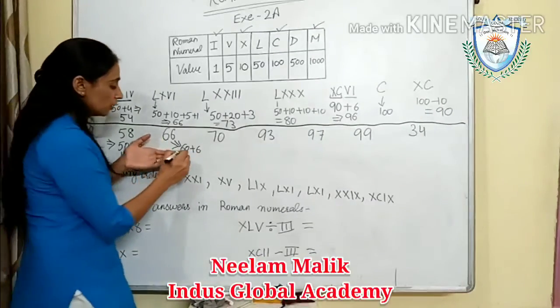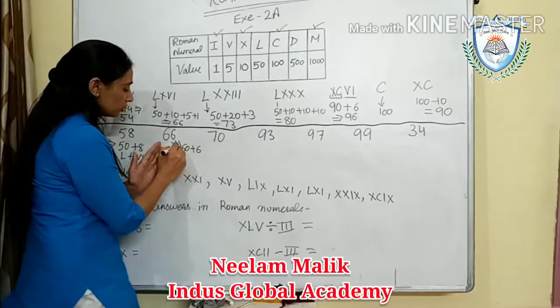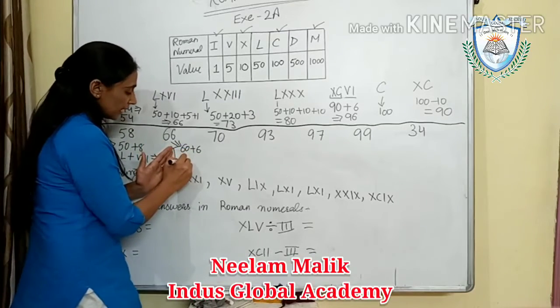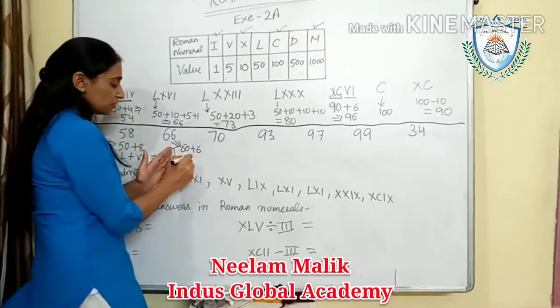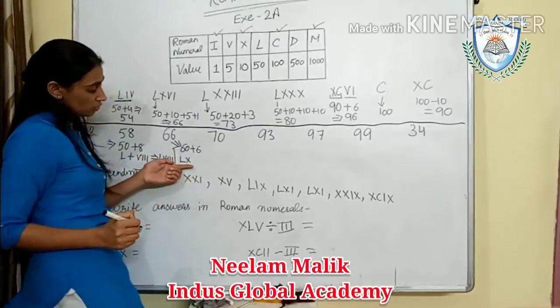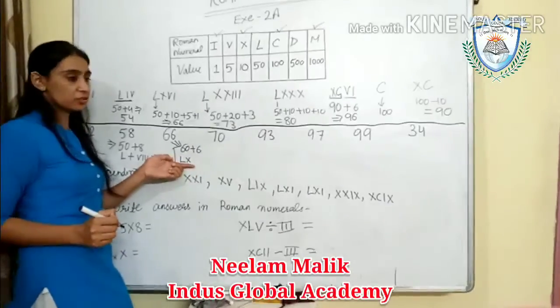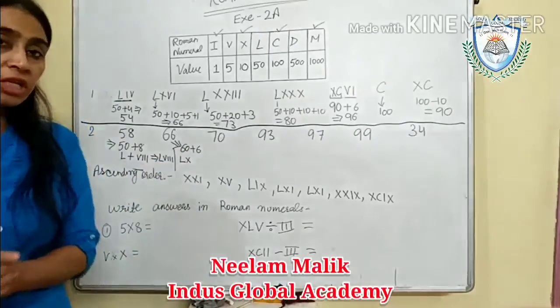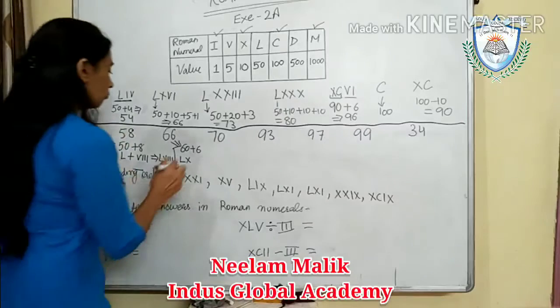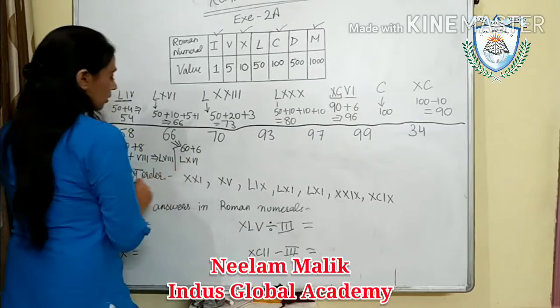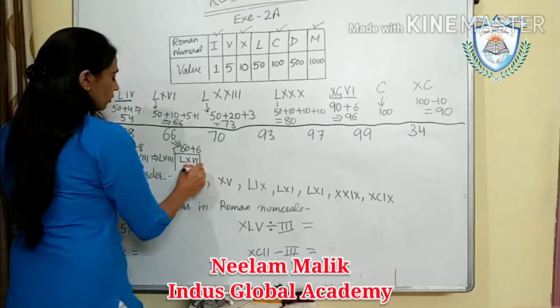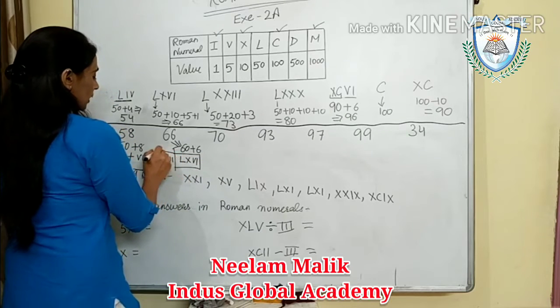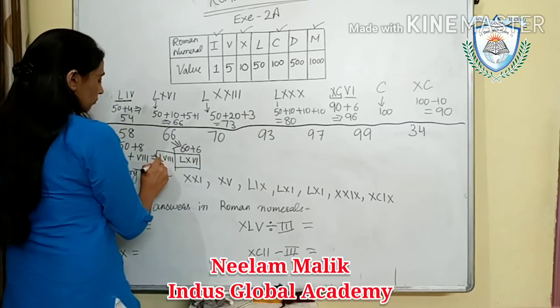What is 50? 50 is your L, and 60 means LX. LX is your 60, plus 6. What is 6? 6 is VI. So this will be your value here. Okay.